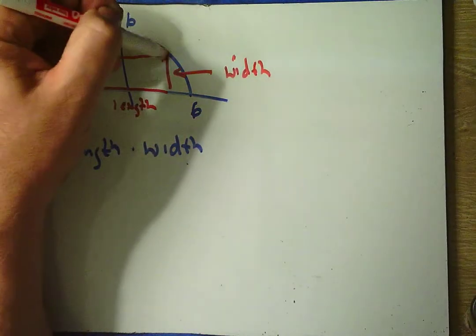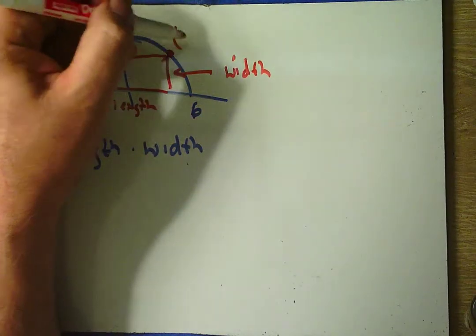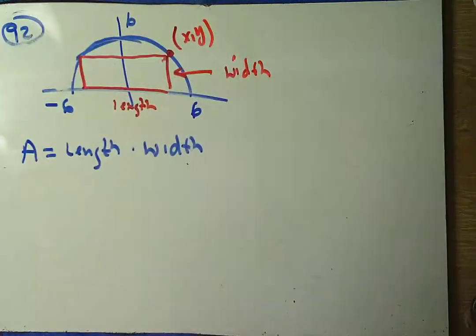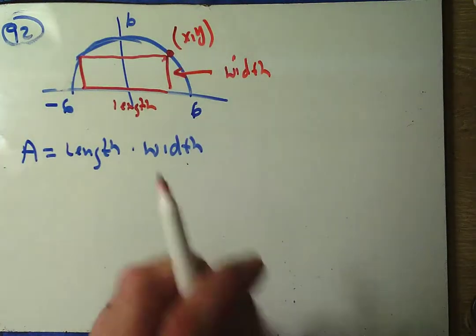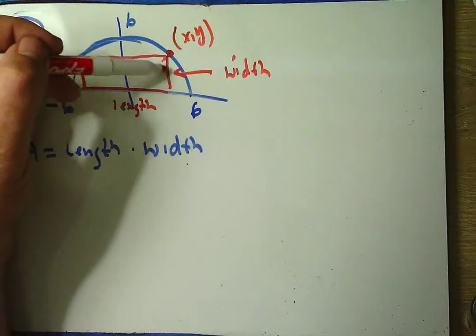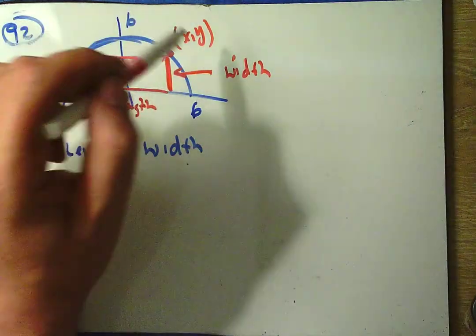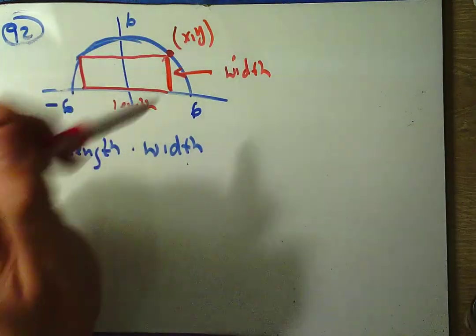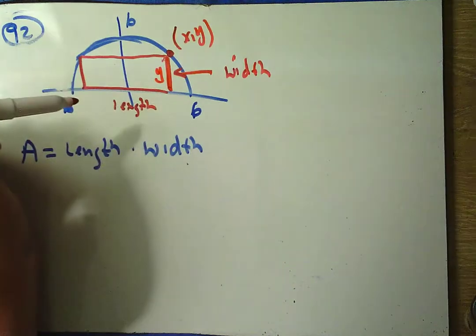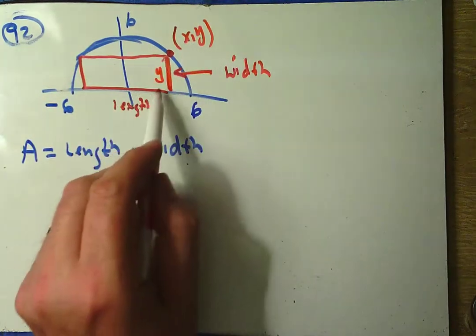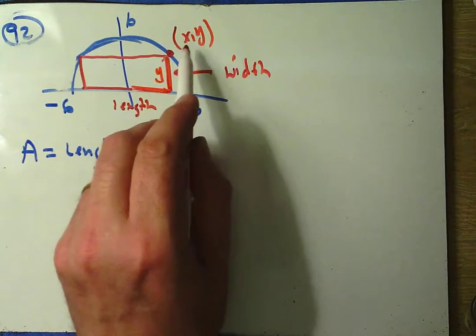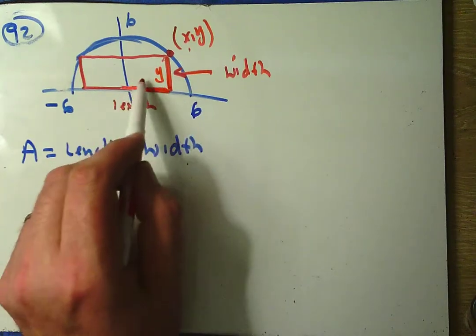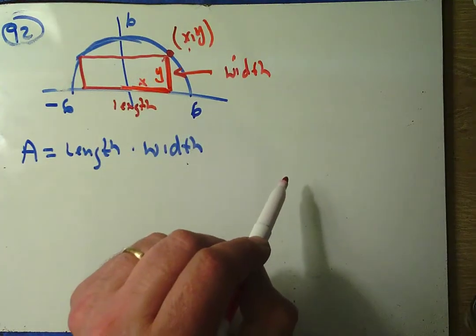It is instead about this little ordered pair labeled in the picture here called x, y. Why is that important? Well, what's the amount of upness to that ordered pair? That upness is our y value. What's the amount of overness to our ordered pair? That overness is called x.